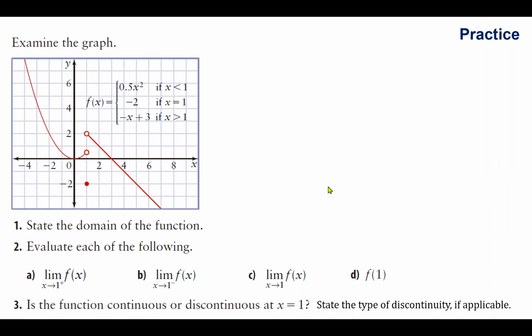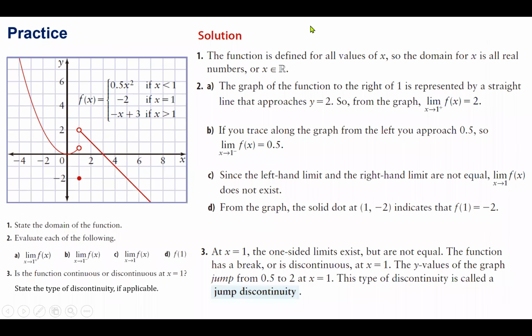Okay, have we finished? All right, let's see the solutions of these questions. First, the function is defined for all values of x. So the domain for x is all real numbers, right? Because the expression of that function is given to you, as you can see here.